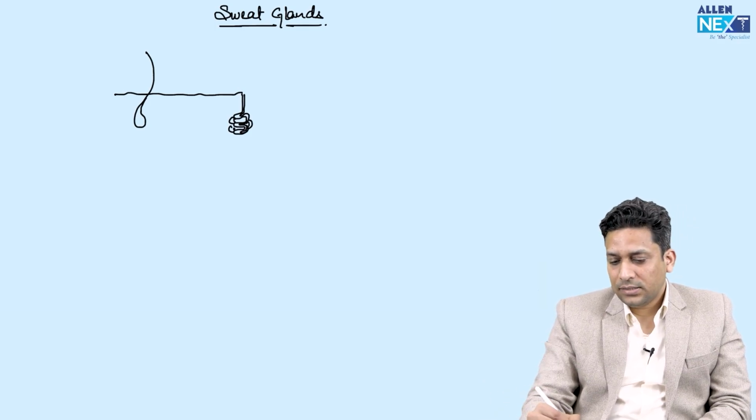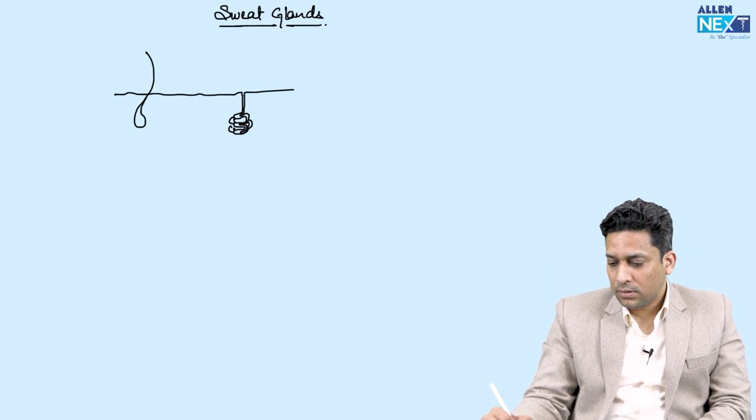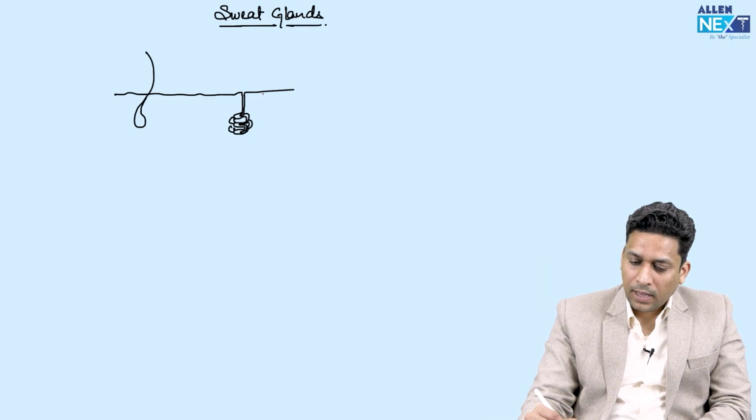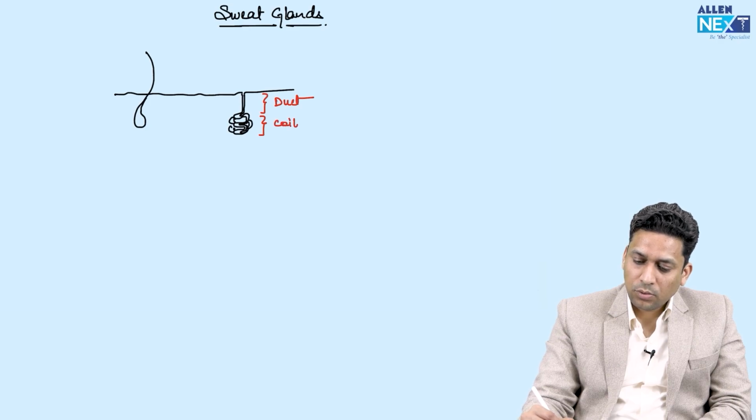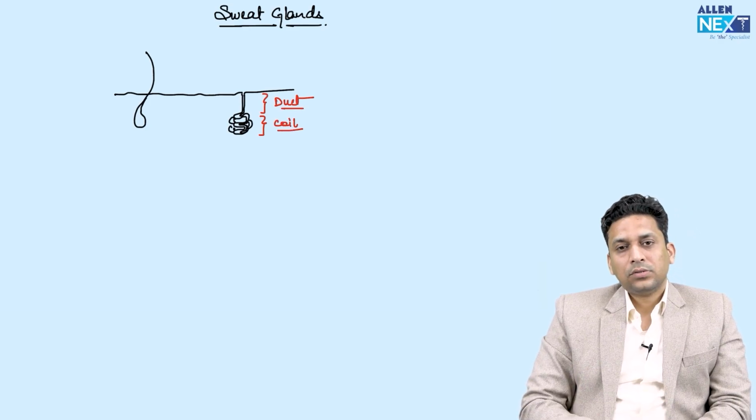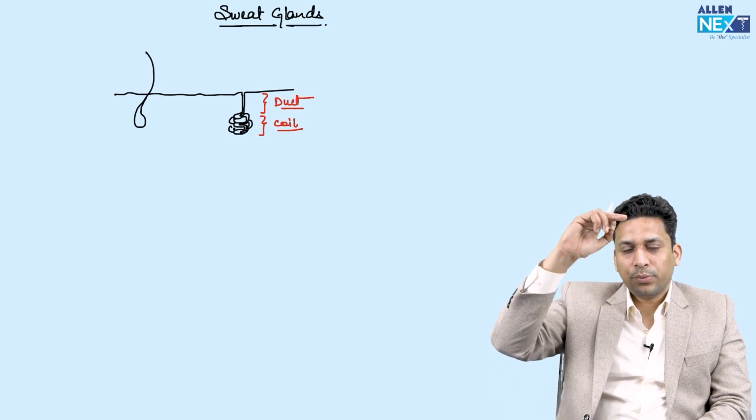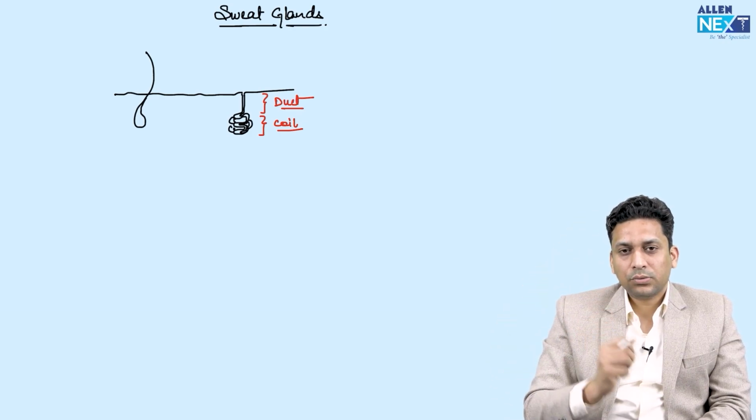Now, these sweat glands have two portions. One is known as the duct portion and the lower secretory portion, which is also known as the coil portion. So, the duct portion conducts the sweat and the coil portion secretes the sweat.